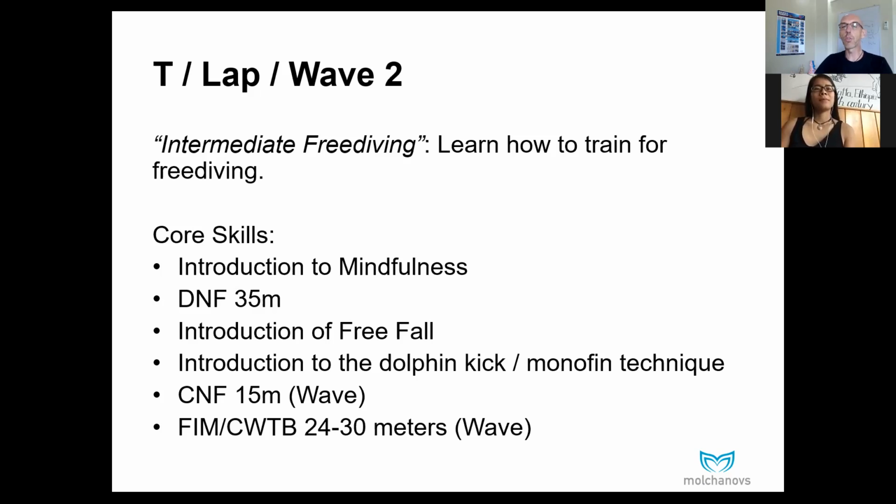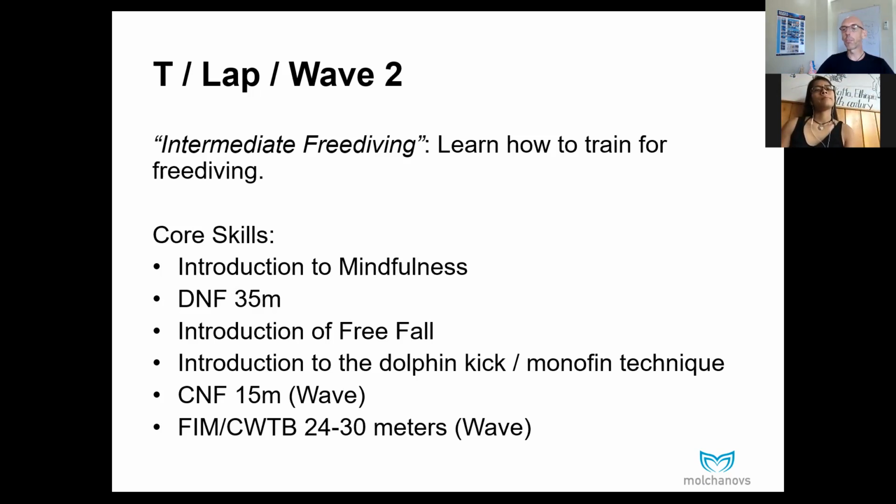Into the wave 2 level, intermediate freediving, learn how to train for freediving. So the core skills that you're going to be doing here: introduction to mindfulness, dynamic no fins technique, introduction to free fall, introduction to dolphin kick and monofin technique, constant no fins in the ocean for 15 meter, and constant weight bifins and free immersion.